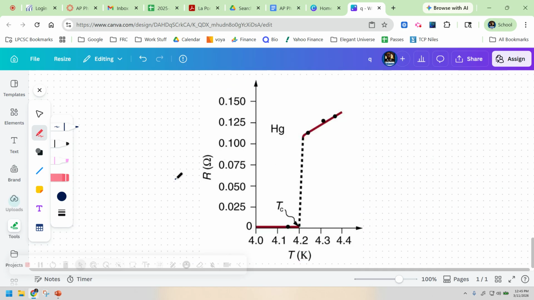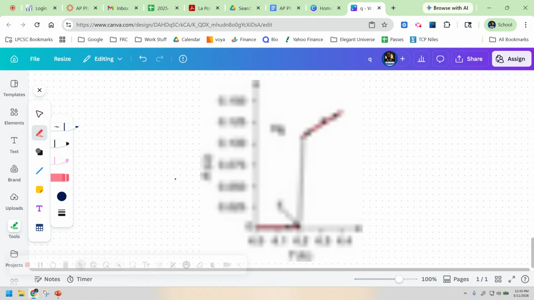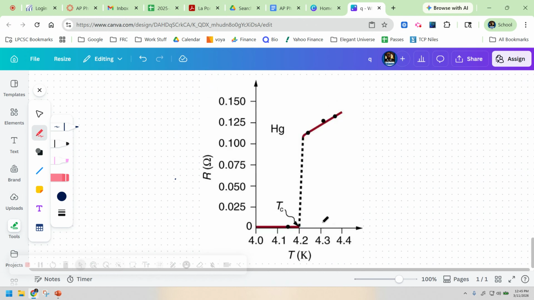So here is a chart. Okay, and in this chart, what we're looking at is the resistance of a sample of mercury. Okay, now this is the temperature in Kelvin, right? And it's almost 0 degrees, but at 4.2 degrees Kelvin, there's a significant jump in resistance.